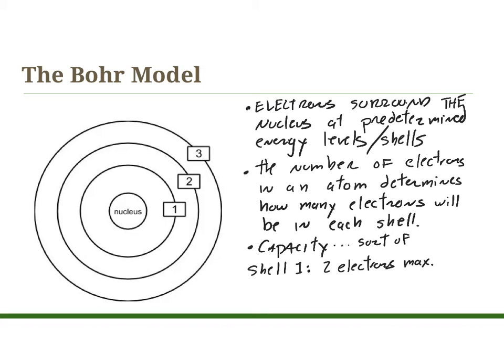It can hold less, but it cannot hold more. The second shell, shell 2, can hold a maximum of 8 electrons. It can hold 8, and that's the maximum, but it could hold less also. And in shell number 3, also 8 electrons max.